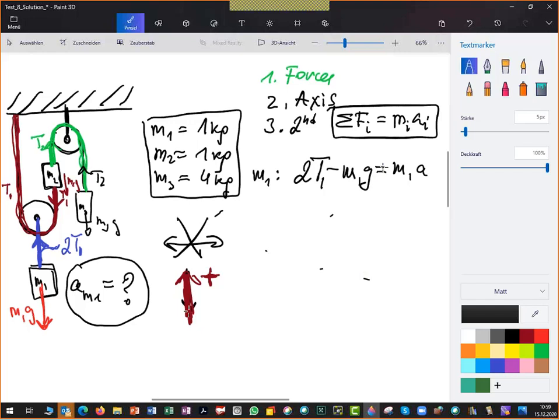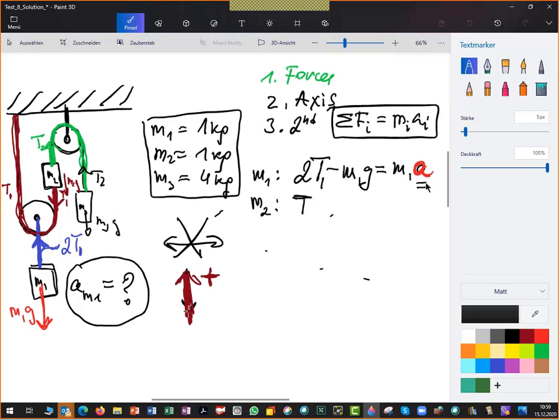And this is the acceleration I'm looking for, right? Let me label it gray. This is what I want to find. So what can I say about M2? Well, in the case of M2, upwards is acting T2.